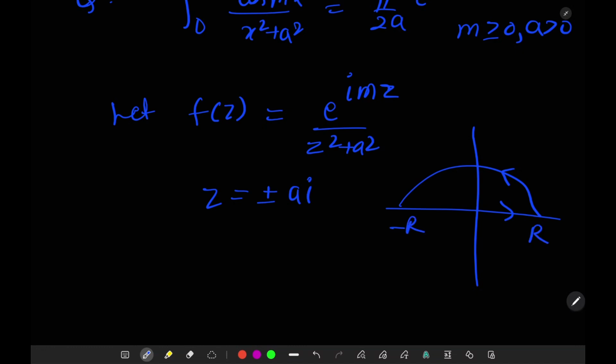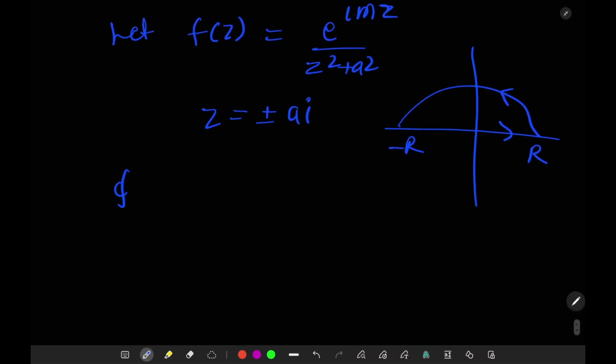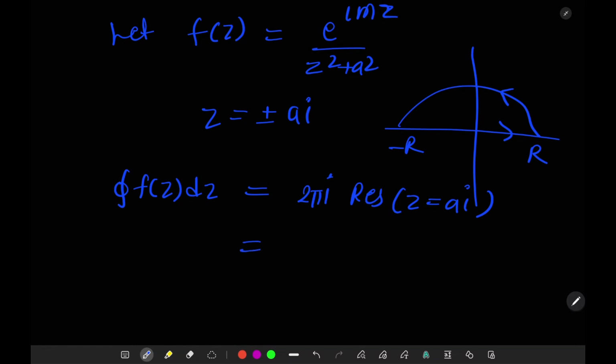minus R to R. Here minus a iota lies outside and plus iota a lies inside, so using the residue theorem we find the value of integral f(z) dz. Here, putting this, sorry, here is also f(z).